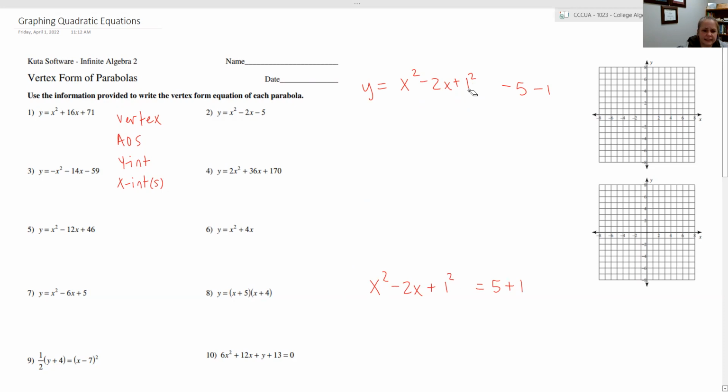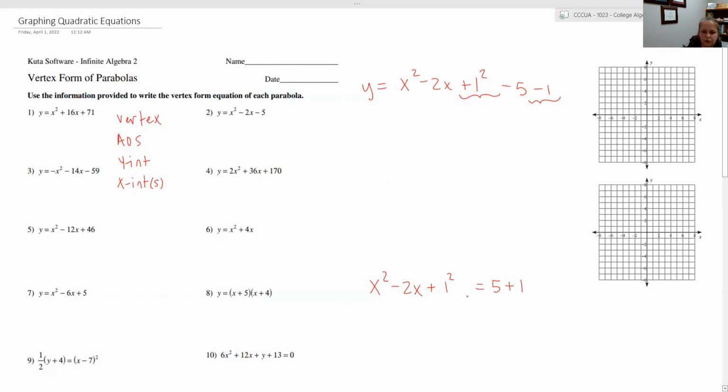But here in this particular case, when I added that 1 squared, I'm not doing anything on the other side of the equal sign. I'm doing everything on the same side. So what I add to my equation, I have to turn around and undo it because I don't need to change my equation. I need to keep it the same.